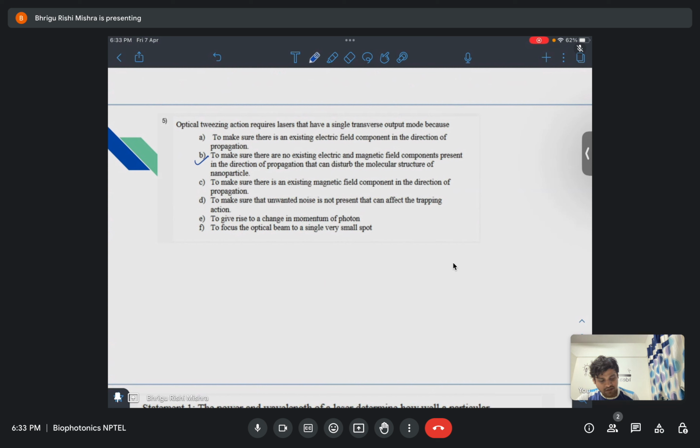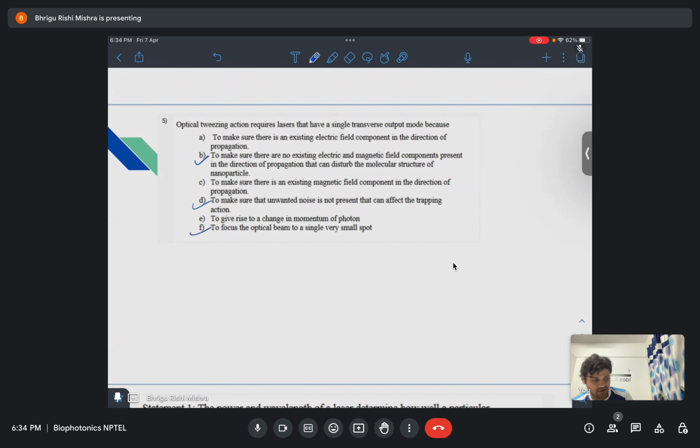To make sure there is an existing magnetic field component in the direction of propagation, this is also not true. To make sure that unwanted noise is not present that can affect the trapping action, this is also true. To give rise to a change in momentum of photon, this is not true because change in momentum is due to intensity of the laser. And to focus the optical beam to a single very small spot, this is also true. So B, D, F are the right options.